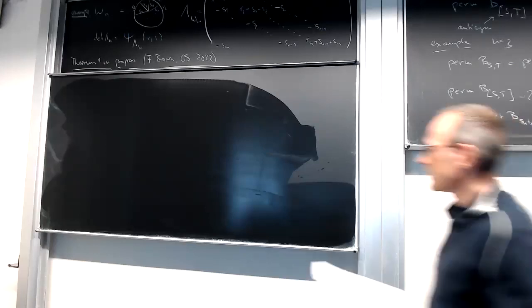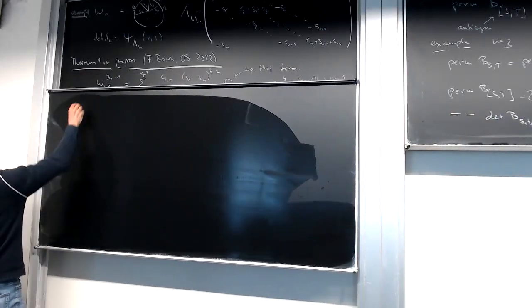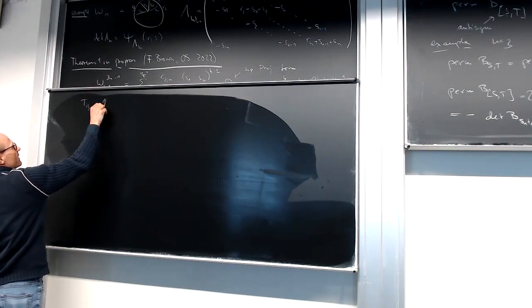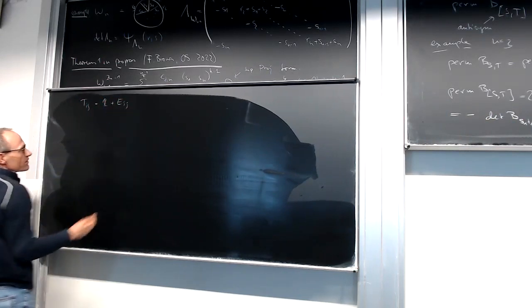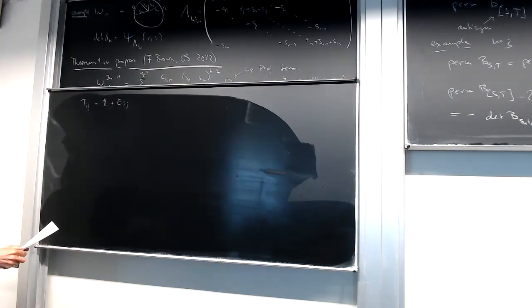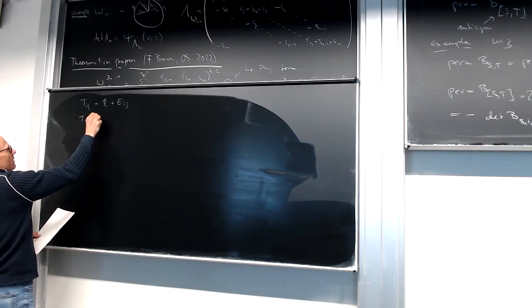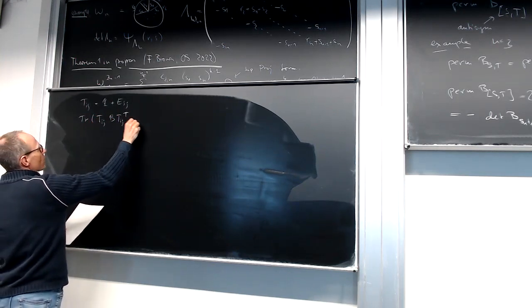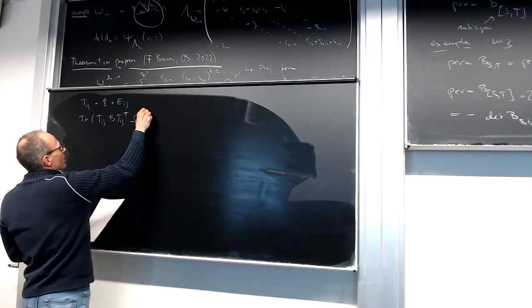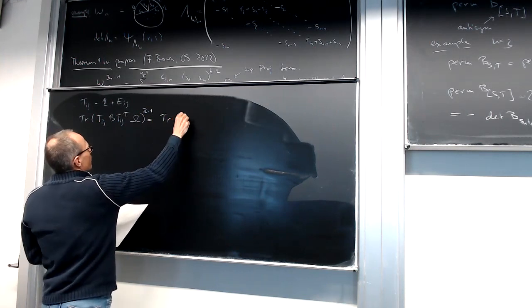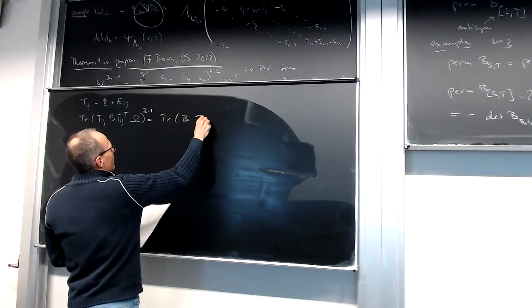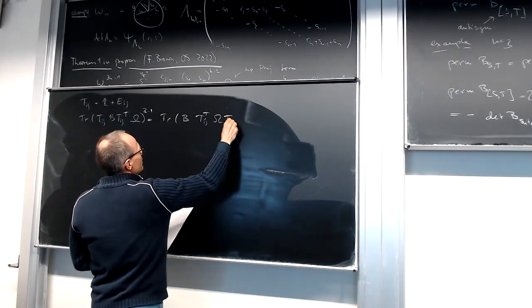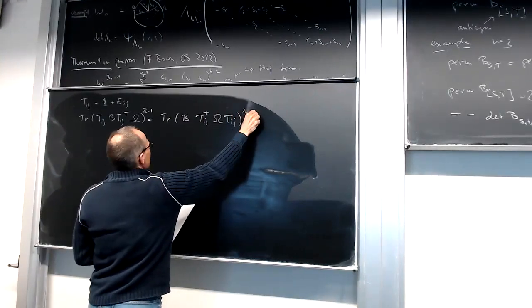So we consider some transformation matrices T_ij, which is the identity plus the elementary matrix E_ij, these row and column transformations. So you add a row to another row and a column to another column. And we have the identity that trace T_ij B T_ij transpose omega, the trivial identity, to the 2n minus 1 is the trace of B T_ij transpose omega T_ij to the power 2n minus 1.